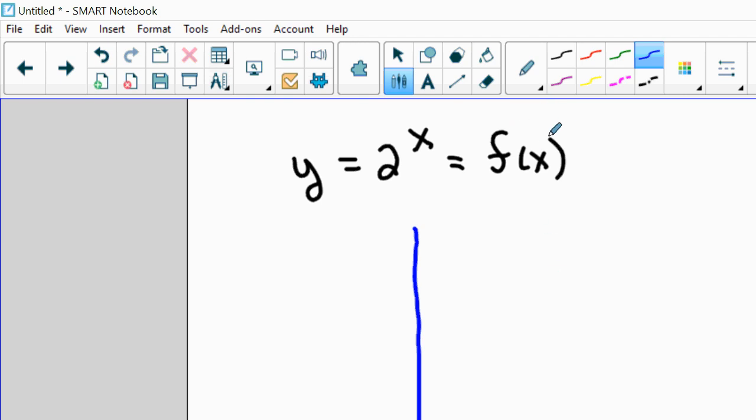Say it's been a while. 0, 2 to the 0, 1, 1, 2 to the first, 2, 2, 2 squared, 4, 3, 2 cubed, 2 times 2 times 2, 8. The tricky one, negative 1, 2 to the negative 1, 1 over 2 to the first, therefore 1 half. Negative 2, 1 over 2 squared, 1 fourth.